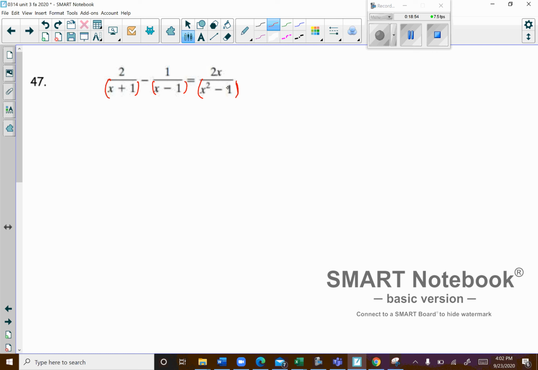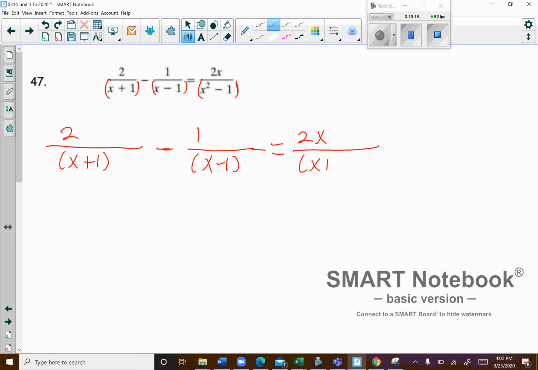And I think I'm going to show y'all a little faster way of doing this. I kind of showed you this on some other problems we've done. So let's see, I'm going to give myself a little extra space. So x plus 1 and minus 1 over x minus 1, and then equals 2x. And then when I factor this, it's going to be x plus 1, x minus 1.